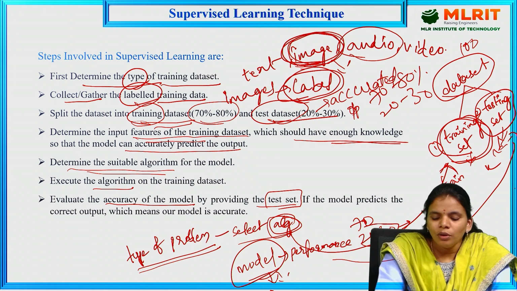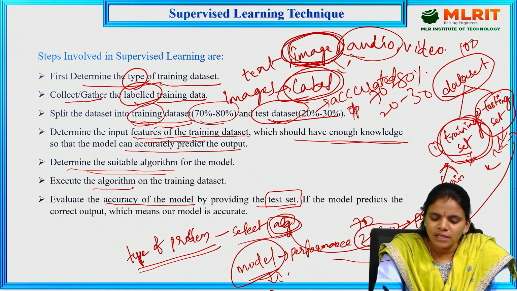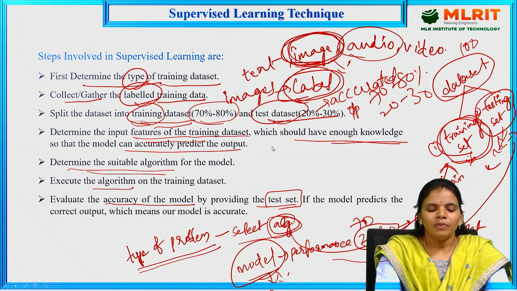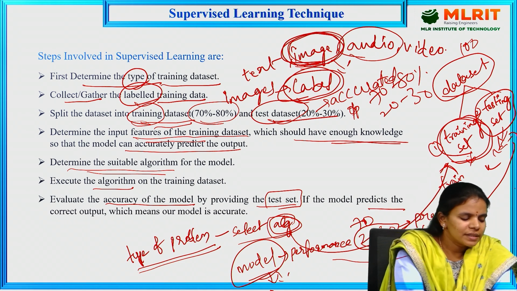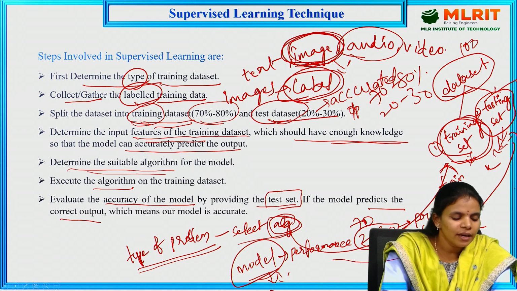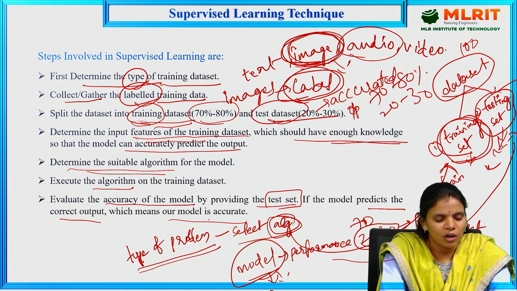You ask your model by giving these data points, and it will predict the output for this test data set. If the model is predicting the correct output for this test data set, it means that our model is correct or accurate.